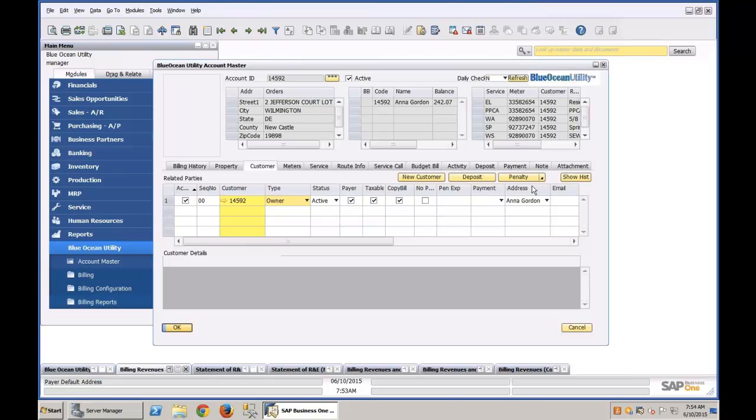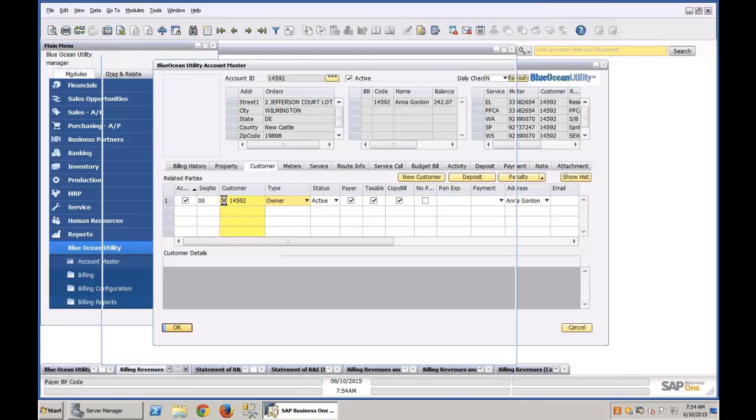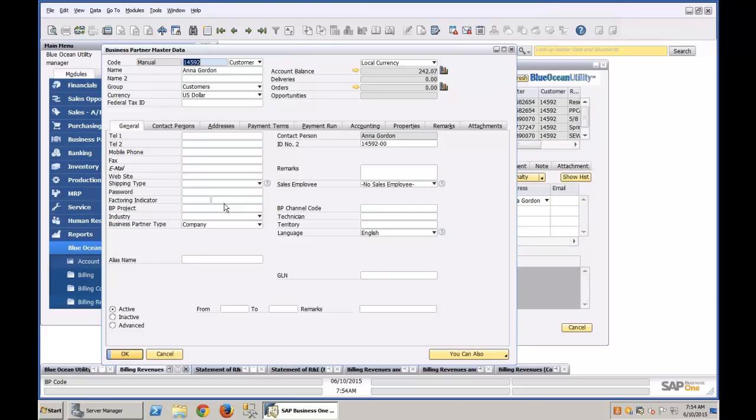An important aspect of the system is the golden arrow, which is the ability to drill down wherever we see a golden arrow into the underlying information. So for instance, if we drill down on the customer, this will take us to the customer master data, which includes information like their address, contact people, payment terms, and accounting information.